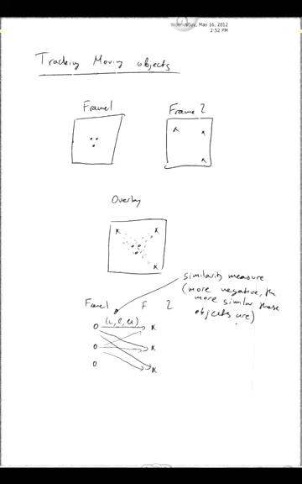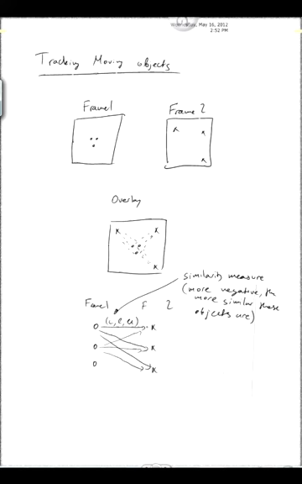It could be determined by the distance of the 2 objects from one another. It could be determined by whether the 2 objects have the same color, whether they have the same shape, any kinds of features that we can pull out of the image here. But the important part is that we need the similarity measure to be more negative the more similar these objects are. That's because we're going to determine the minimum cost flow, and so we want more negative numbers to be better.